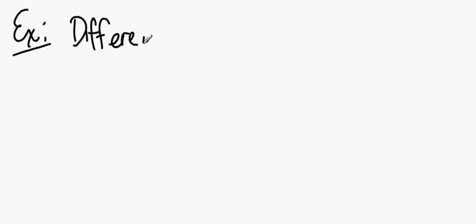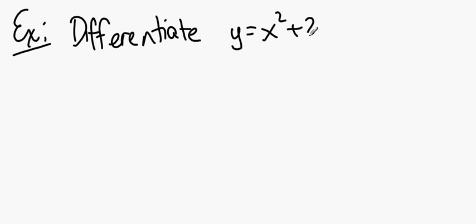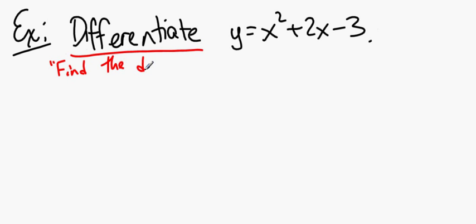So mechanically speaking, let's suppose that we want to differentiate, and that means to find the derivative of y equals x squared plus 2x minus 3. In other words, I want the slope of the tangent line at any point along that curve.